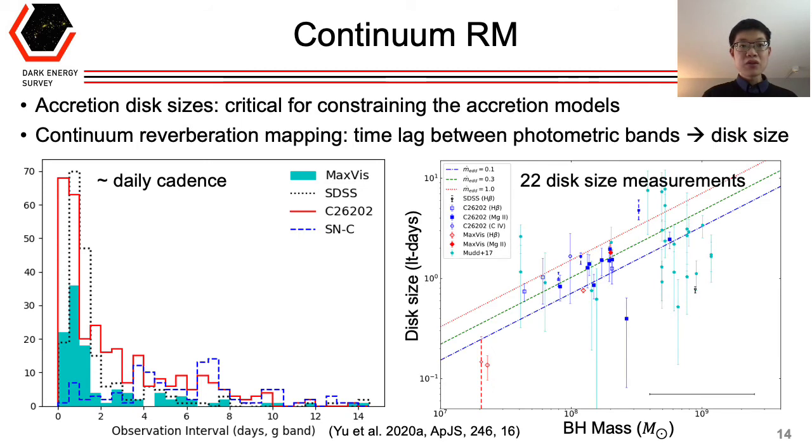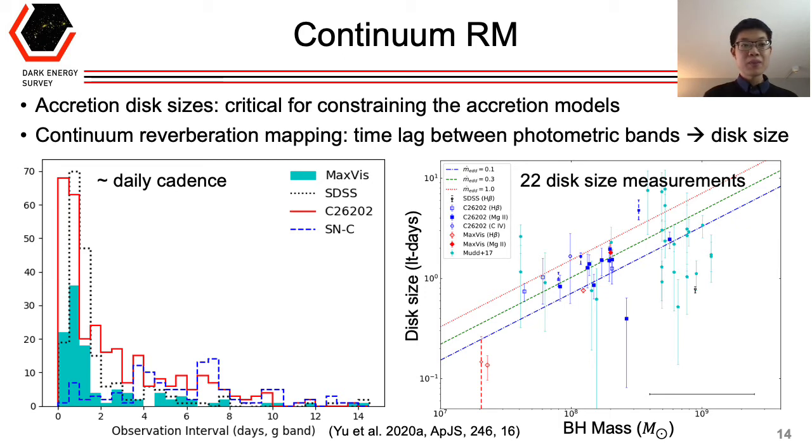In addition to the reverberation mapping of the broad emission lines, we can also use continuum reverberation mapping to measure the size of the AGN accretion disks. The basic idea here is that the short wavelength in the AGN continuum mainly comes from the inner region of the accretion disk, while the longer wavelength mainly comes from the outer region of the accretion disk.